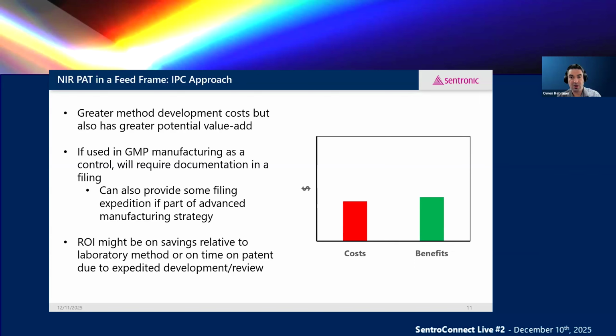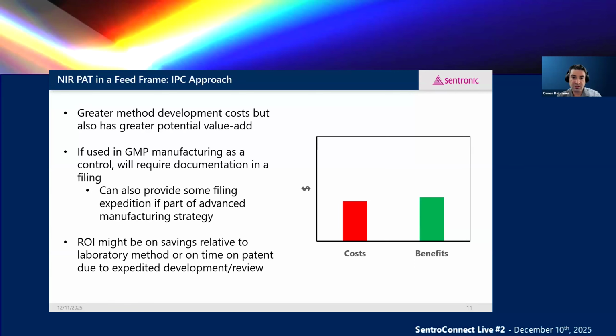Getting additional time on a filing due to expedition can have a very large dollar value, particularly for branded manufacturing. We have seen this very often in continuous manufacturing as customers feel that they must include NIR PAT, and regulators encourage them pretty strongly, at least in the Americas and Europe, if they are using a continuous manufacturing approach.